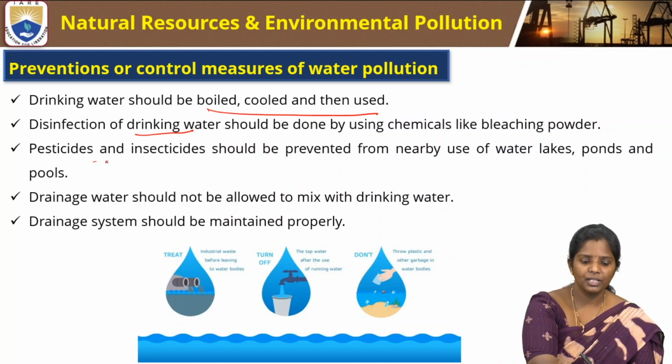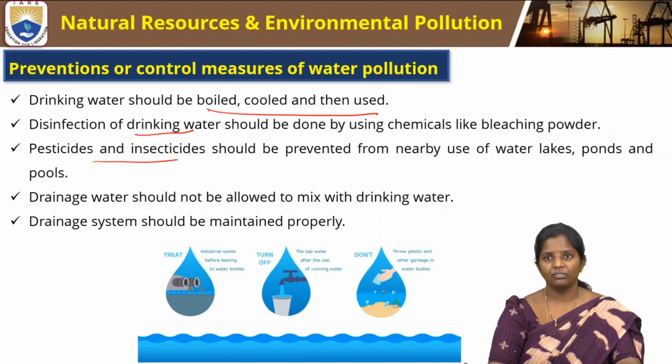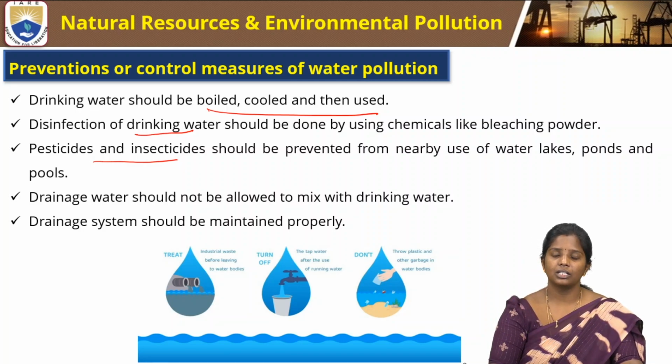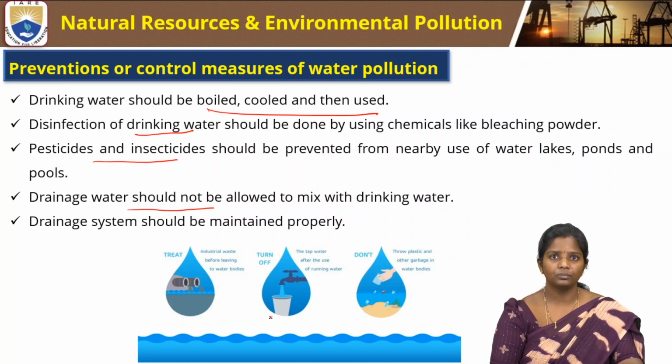And also pesticides and insecticides should be prevented. I mean, the washout of these pesticides or insecticides should be prevented from reaching nearby lakes, ponds, water bodies, or pools, swimming pools also. So these are some of the measures we have to take. Drainage water should not be allowed to mix with the drinking water.